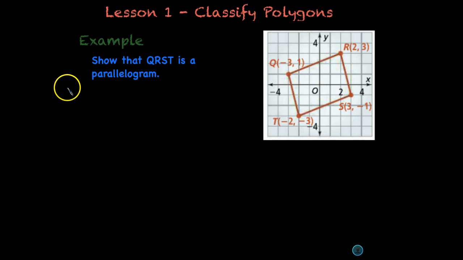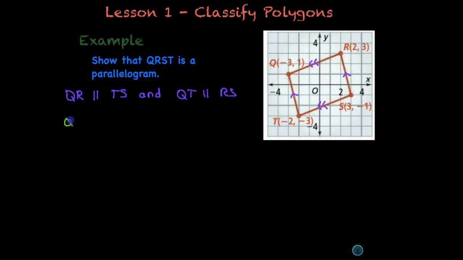We need to show that QR is parallel to side TS, and we also need to show that side QT is parallel to side RS. So this side is parallel to this side, and this top horizontal side is parallel to this bottom horizontal side.